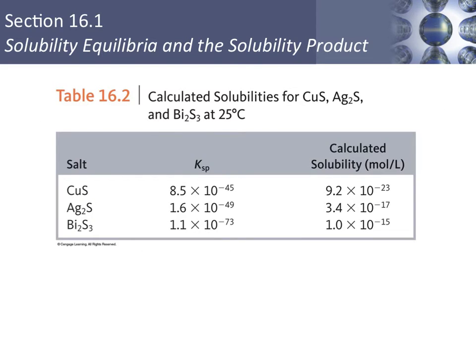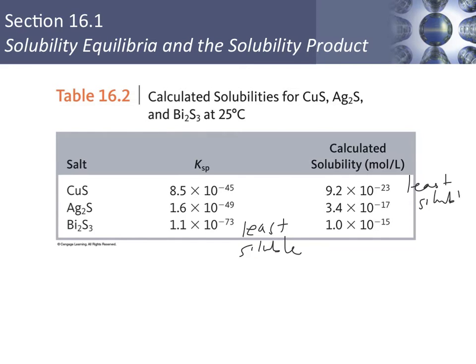We'll talk about how to calculate solubilities in a moment, but just take a look at the Ksp values for these three salts, and then take a look at the calculated solubilities. If we just looked at Ksps, we would predict that this one is the least soluble. However, if we look at the solubilities, we actually see this one is the least soluble.